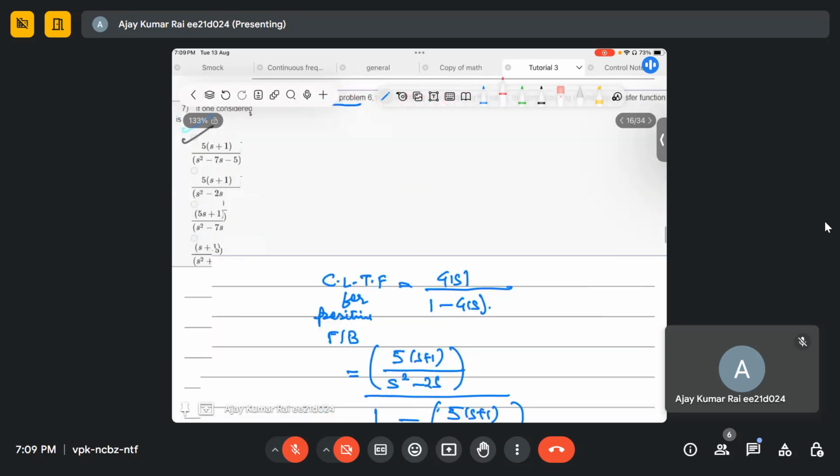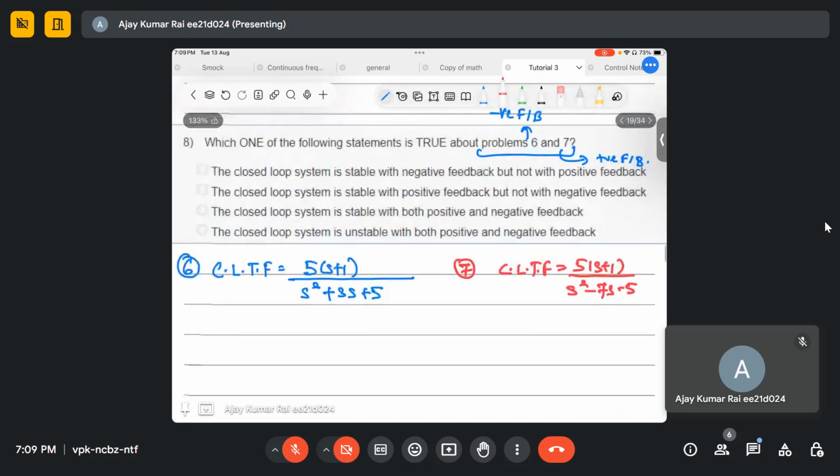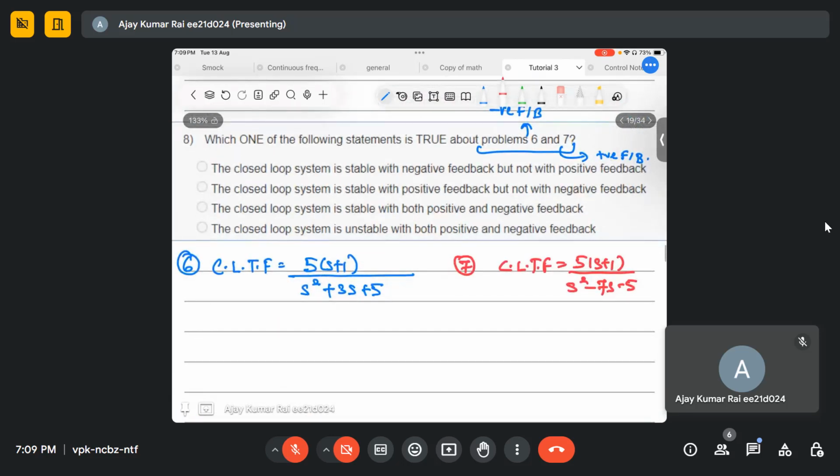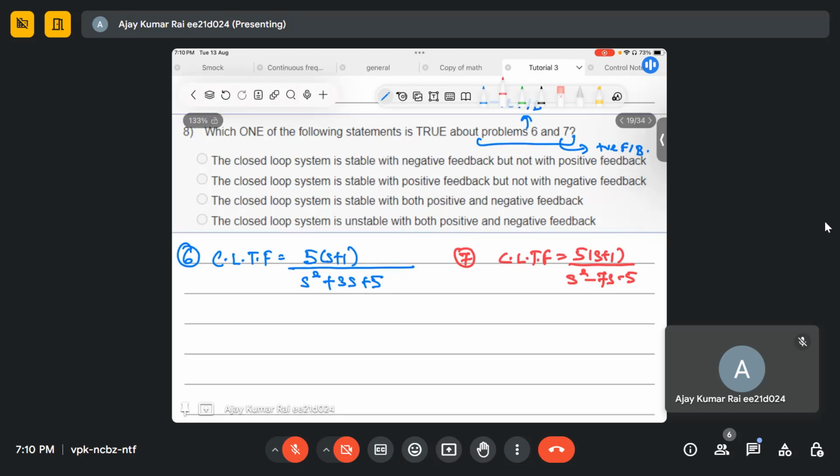The first statement says the closed loop system is stable with negative feedback but not with positive feedback. So you have to find out whether this is stable or not.